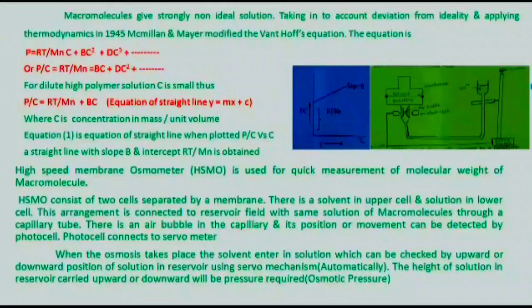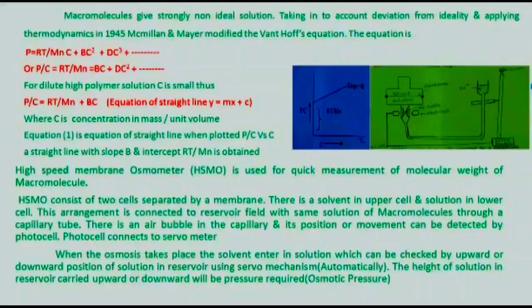Taking into account deviation from ideality and applying thermodynamics, in 1945, McMillan and Mayer modified the van 't Hoff equation. The equation is P is equal to RT upon M into C plus BC square plus DC cube and so on.